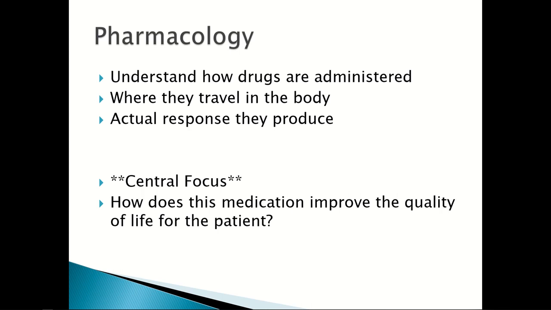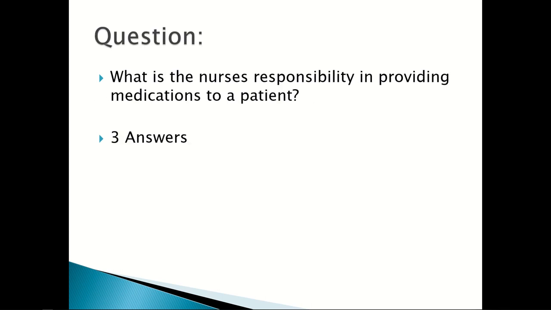Well, what we have to remember is that sometimes the treatment for those types of diseases can have a lot of really bad side effects. But ultimately, the goal was to kill or cure the cancer so that we can have a better quality of life. So just remember that if we're giving a medication to a patient, ultimately the goal is to improve the quality of life for that patient.